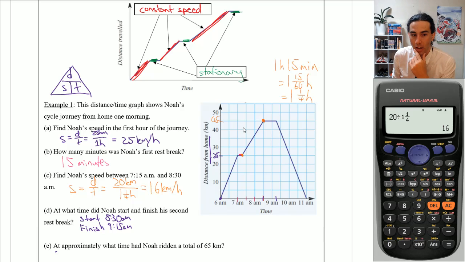So 65 is that first 45 kilometers plus another 20. Noah did 25, did another 20, 45. Now 20 Ks back, 45 minus 20 is there.